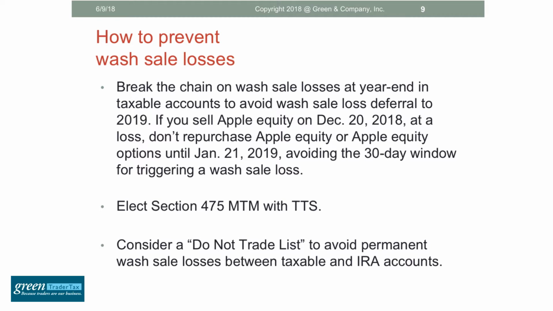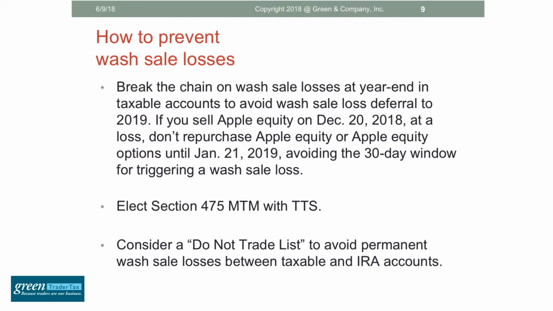First, break the chain on wash sale losses at year-end in taxable accounts to avoid wash sale loss deferral to 2019. For example, if you sell Apple equity on December 20th, 2018 at a loss, don't repurchase Apple equity or Apple equity options until January 21st, after 30 days.